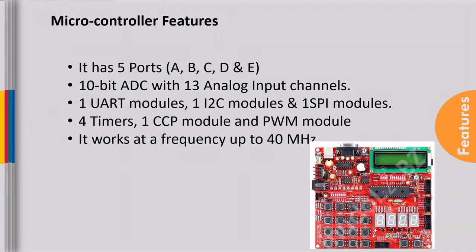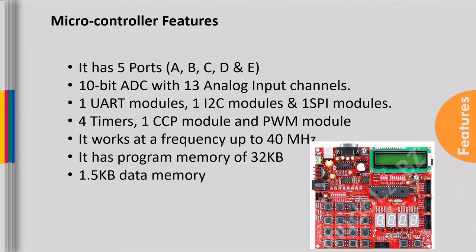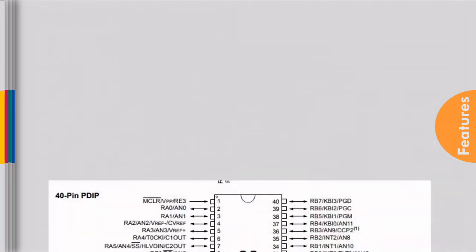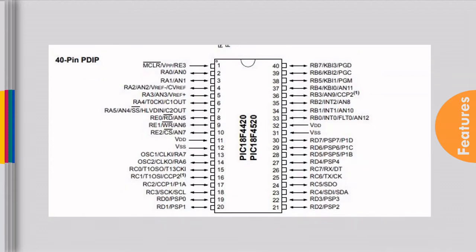It works at a frequency of up to 40 MHz and it has a program memory of 32 KB and a data memory of 1.5 KB. It also has one inbuilt EEPROM memory with a size of 256 bytes. So these are the features of your microcontroller, and this is the pin diagram of the PIC18F4520.